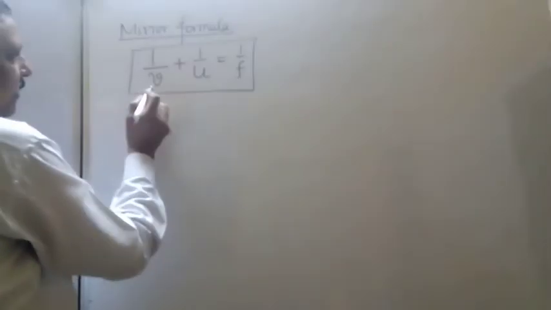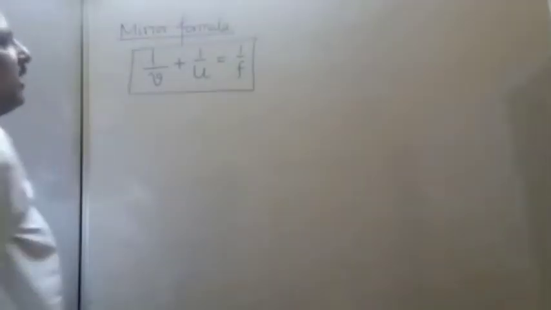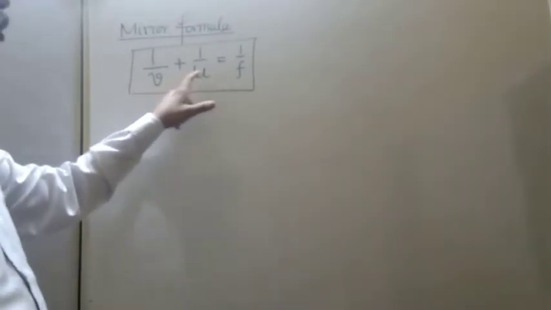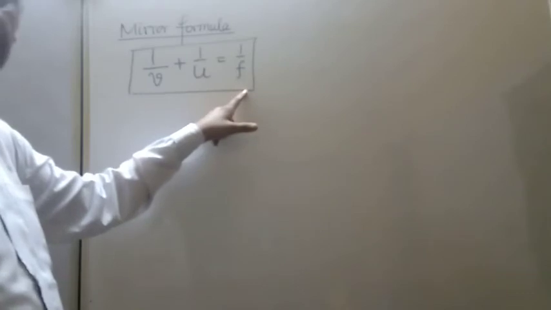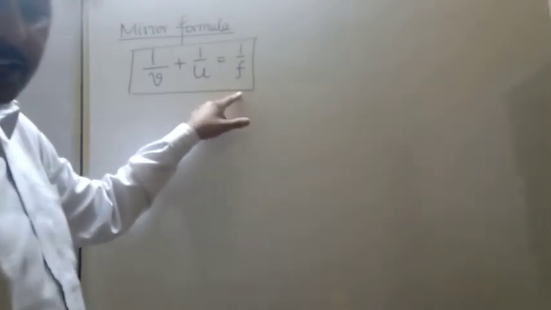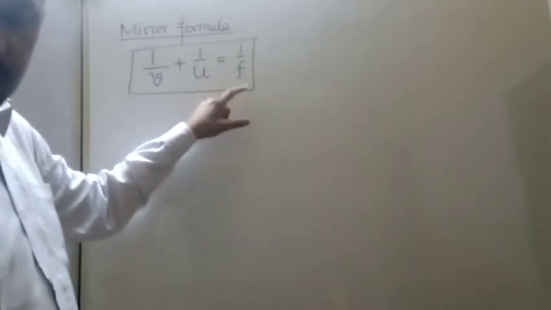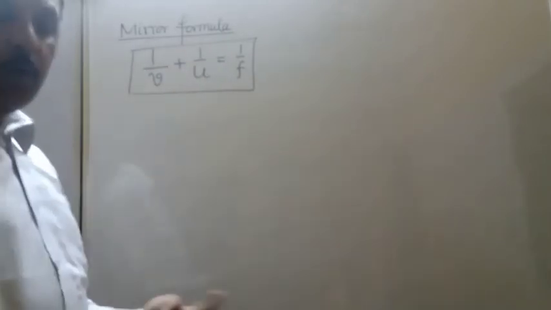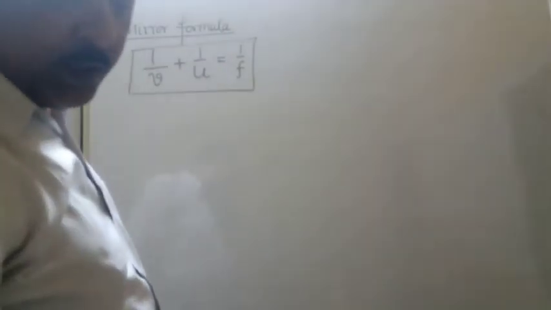Here v is the distance of the image from the pole, u is the distance of the object from the pole, and f is the focal length of the convex or concave mirror. You should be very careful about this formula, and we will do some questions on it.